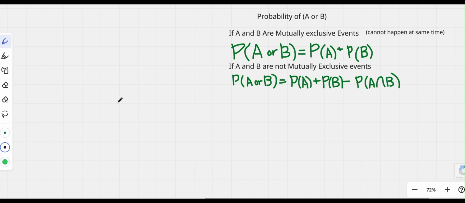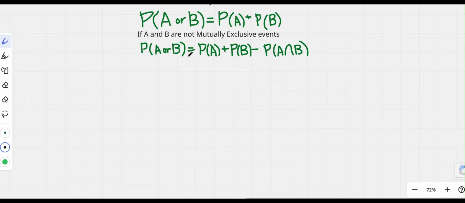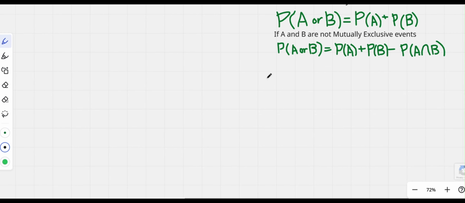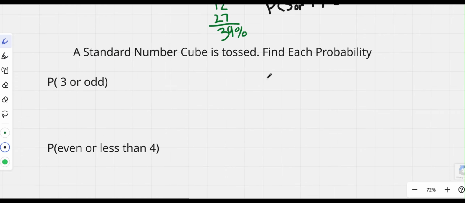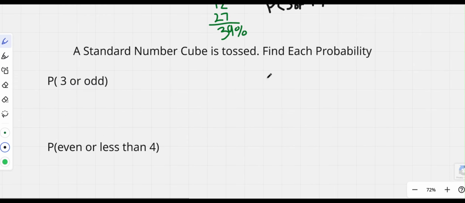So we're going to use this formula. P of A or B is equal to P of A plus P of B minus P of A intersection B. The intersection of something means two sets that have terms in common.